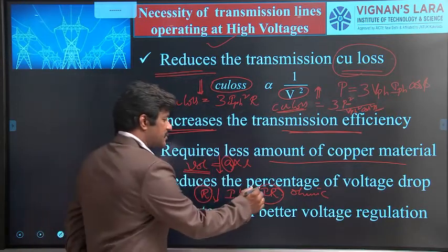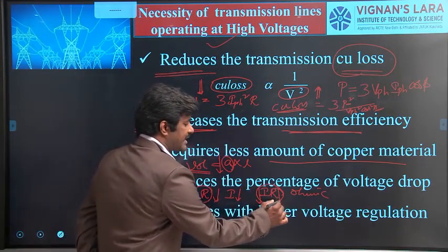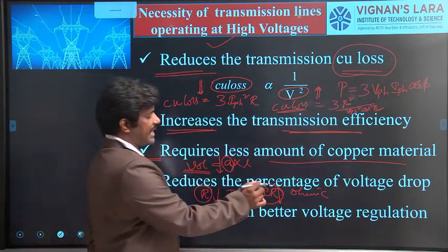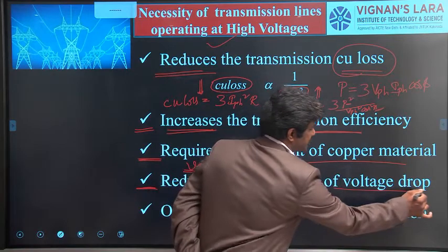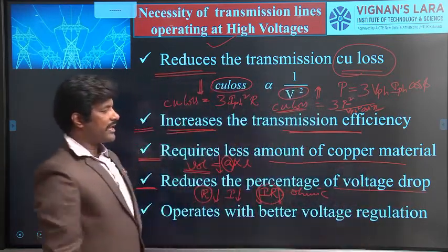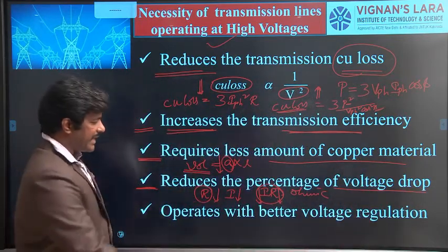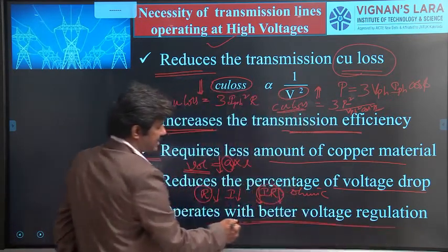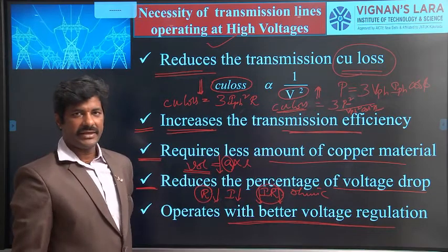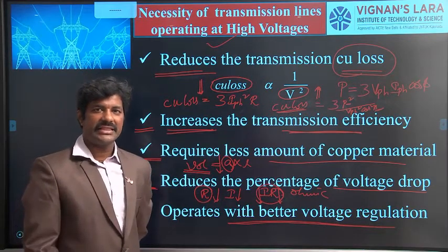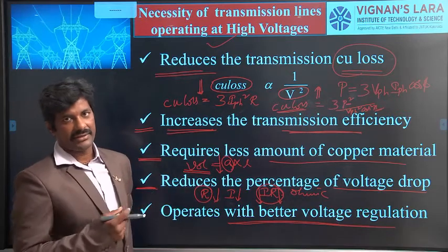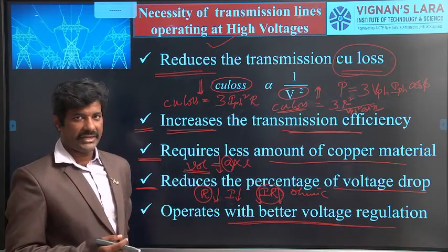Since I is small and we have purposefully designed the resistance to be small, the product of I and R decreases, so the voltage drop decreases. If the voltage drop is decreased, it leads directly to better voltage regulation, that is, operation of the transmission lines with better voltage regulation. Voltage regulation is nothing but giving a stiff voltage whatever the load requires, as per the demand of the utility.